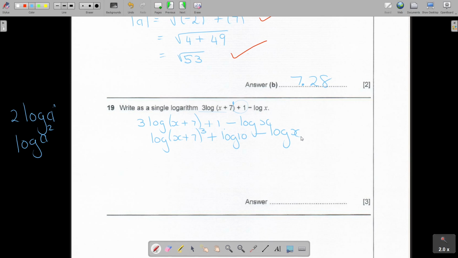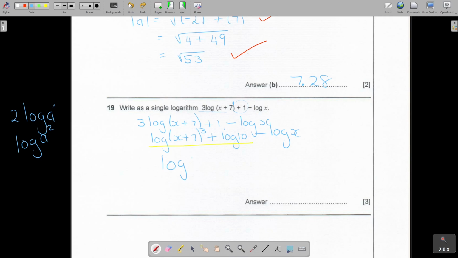Now, the ones that, you're going to follow the product law. That means you're going to write one log word, and then it's going to be x plus 7, 3 over 10. Oh, sorry, I didn't concentrate now. That's not product, that's quotient.